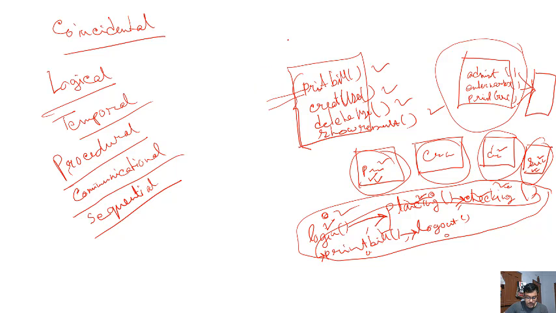Suppose I am giving you the function create order. This is the first function, and then check item availability, and then place order.